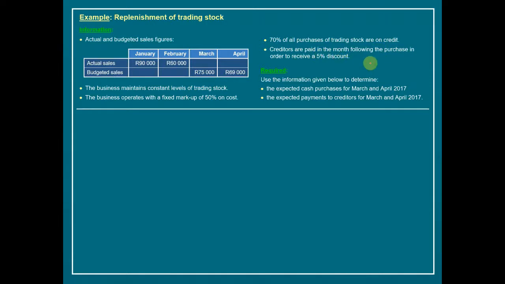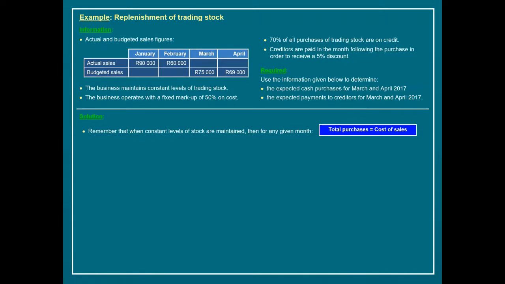Creditors are paid in the month following the purchase in order to receive a 5% discount. Required: use the information given below to determine the expected cash purchases for March and April 2017, as well as the expected payments to creditors for March and April 2017.